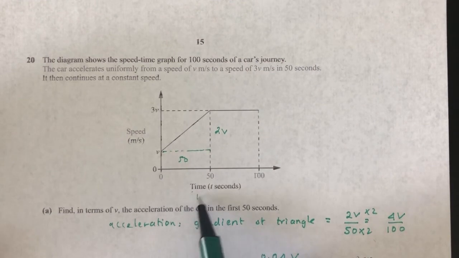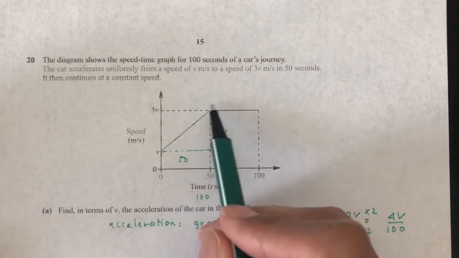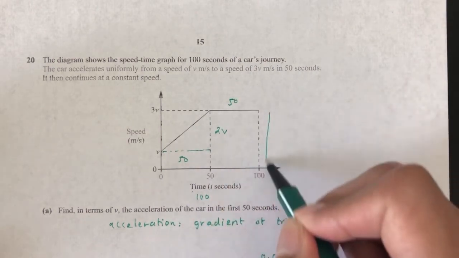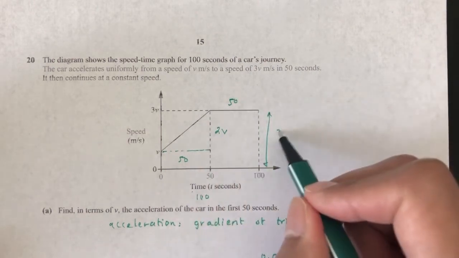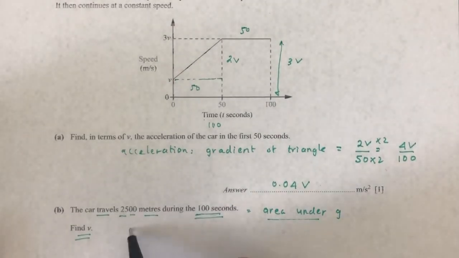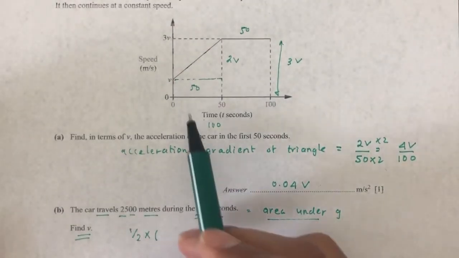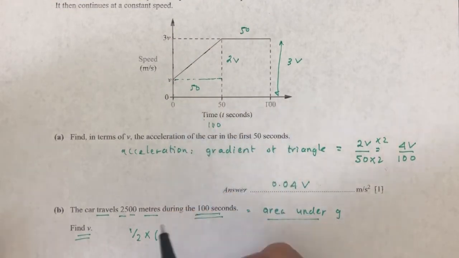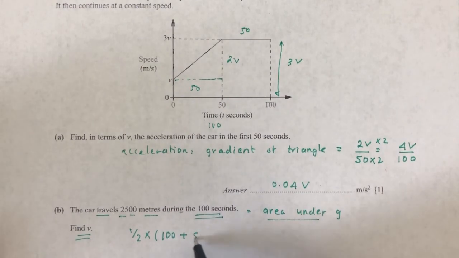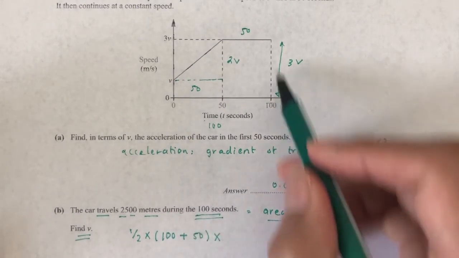It is 100. And the size of this length will be 50. And the height in between is what? Is 3v. So area of trapezium will be half times the sum of both sides. This side is 100 plus this side is 50 times the height in between will be 3v.